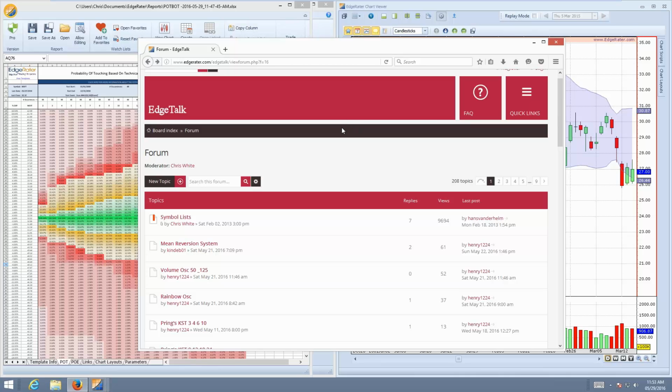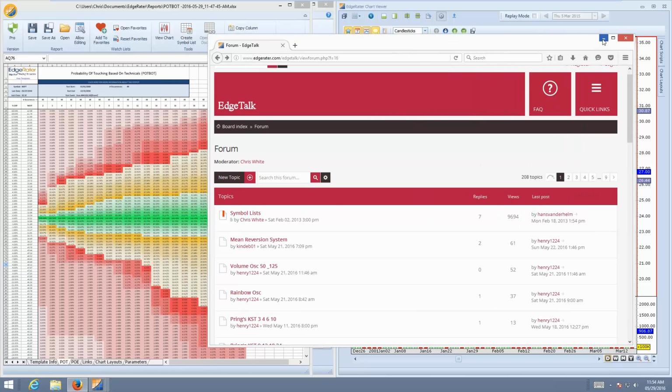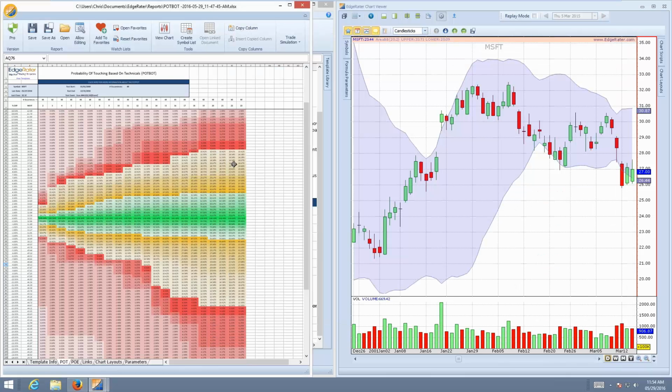Any ideas on connecting to seasonality? That's an interesting question. At the end of the day, seasonality is just another form of technical analysis, right?